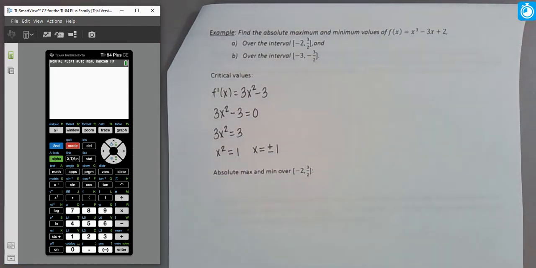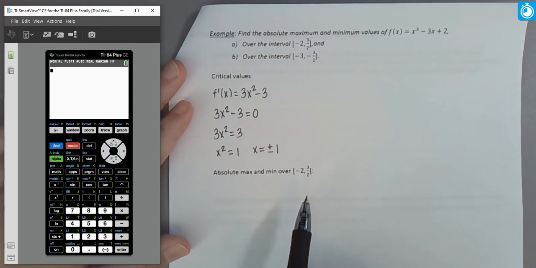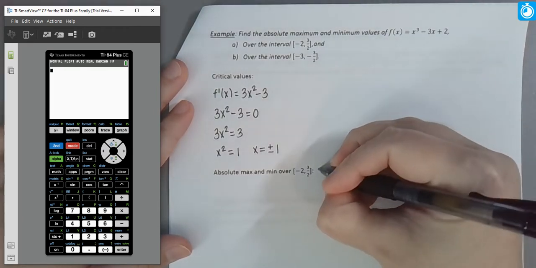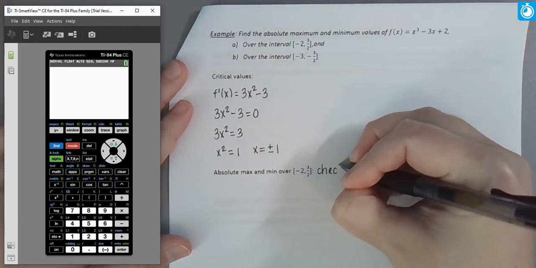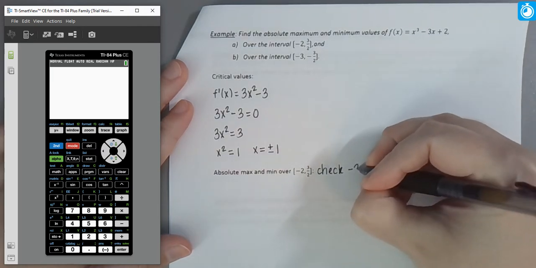Now, what about our absolute max and min over our particular intervals? Well, our first interval is going to go from -2 to 3/2. So in order to check for the lowest and highest points over this interval, we need to check our endpoints, so -2 and 3/2.